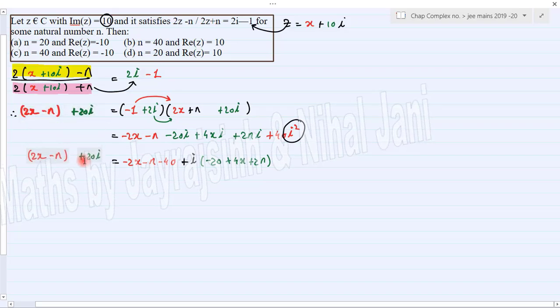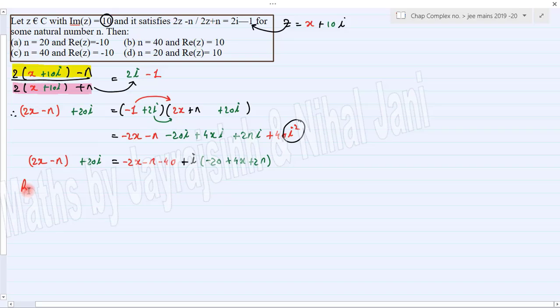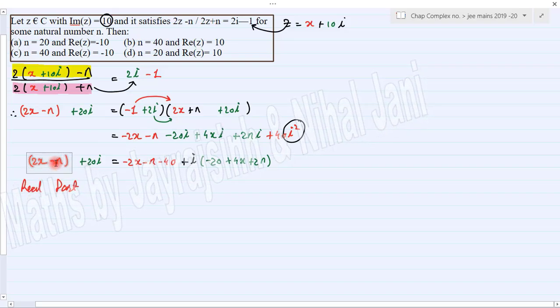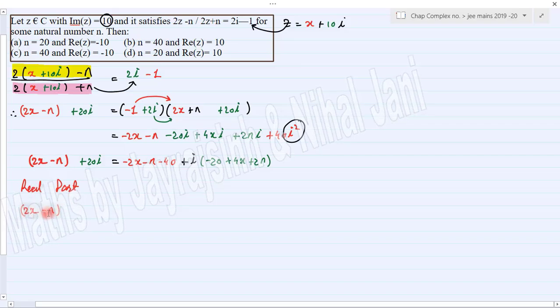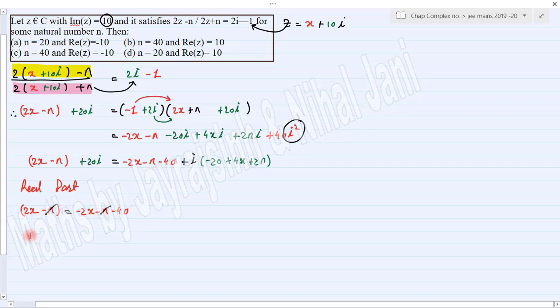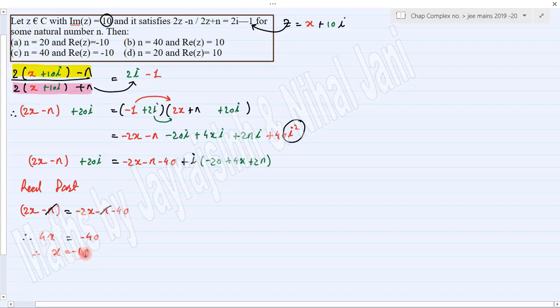So compare with the left hand side. From the real part, we will get 2x minus n, which is the real part of the left hand side, is equal to the real part of the right hand side. So minus n will cancel out and we will get 4x is equal to minus 40, or x is equal to minus 10.